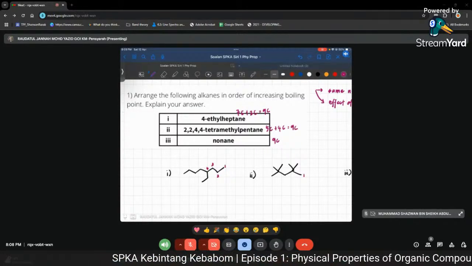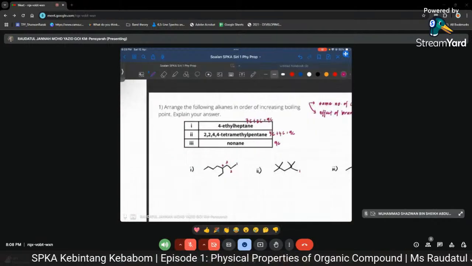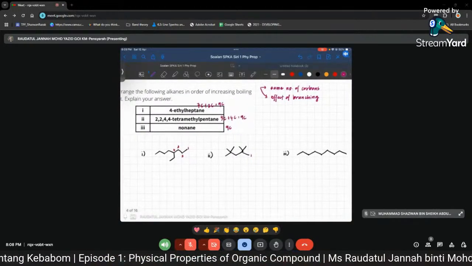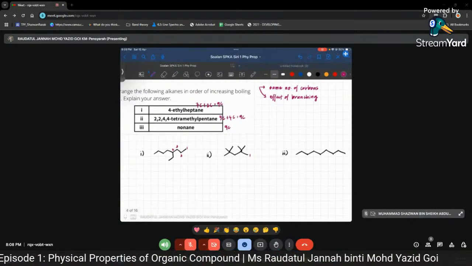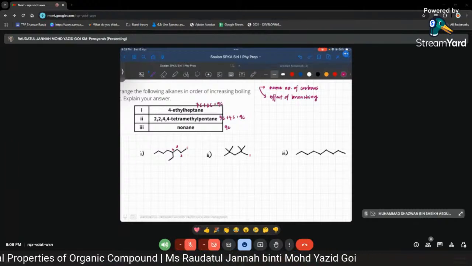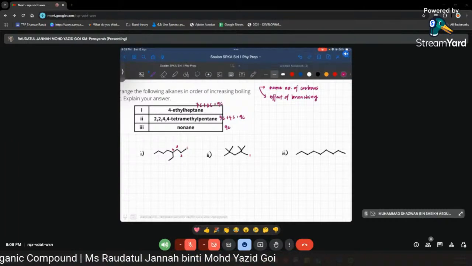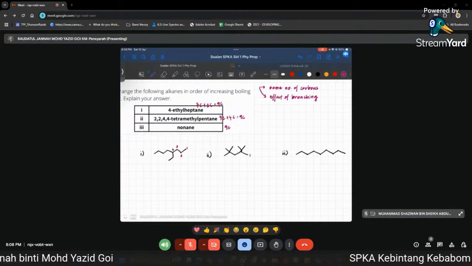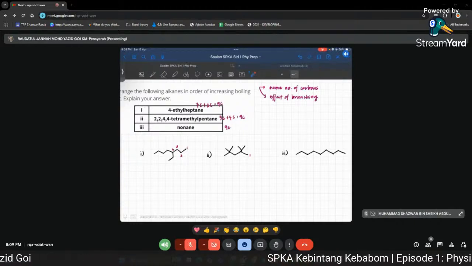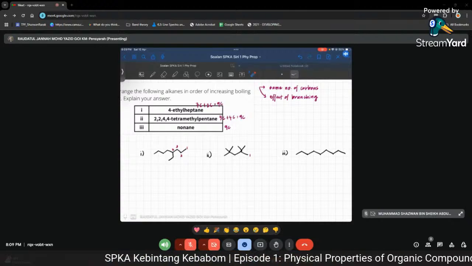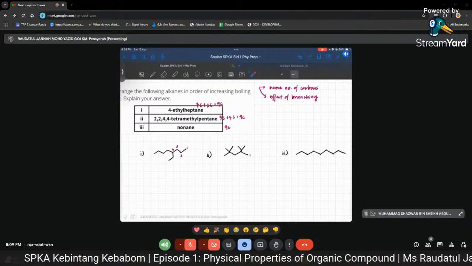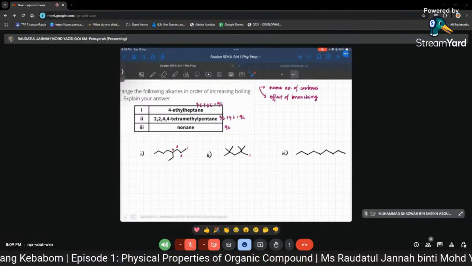And sebab actually it is pretty difficult for you to visualize your structure kalau you dapat nama molecule, so paling senang, convert the name of the molecule to the structural formula first. So by this, I think it's pretty clear to you, walaupun kesemua 3 compounds yang kita ada kat sini consist of 9 carbons, but each of them has a different structure.